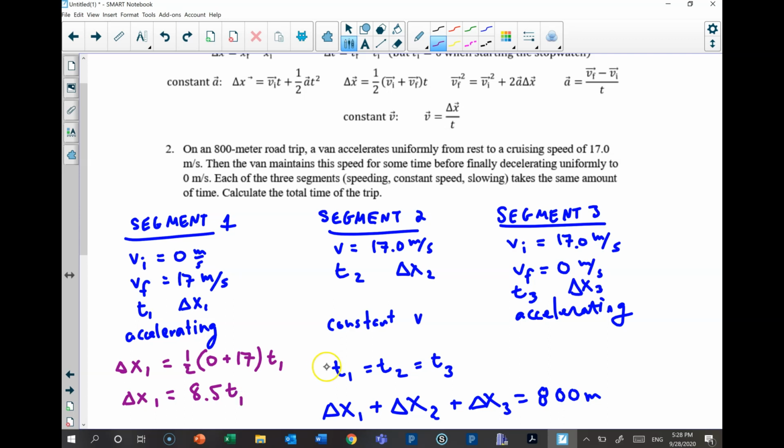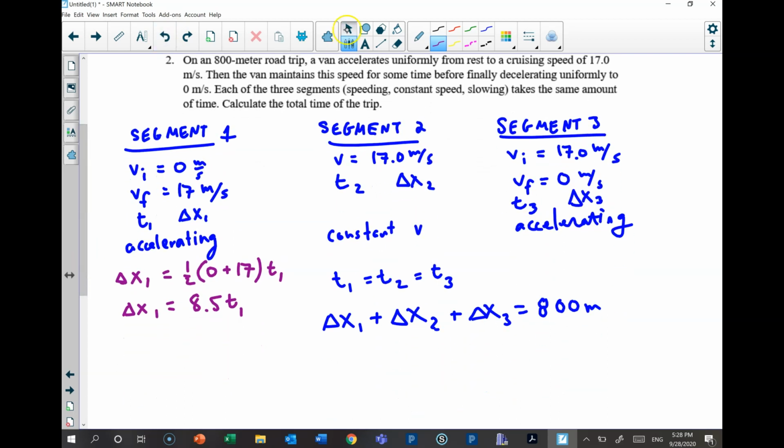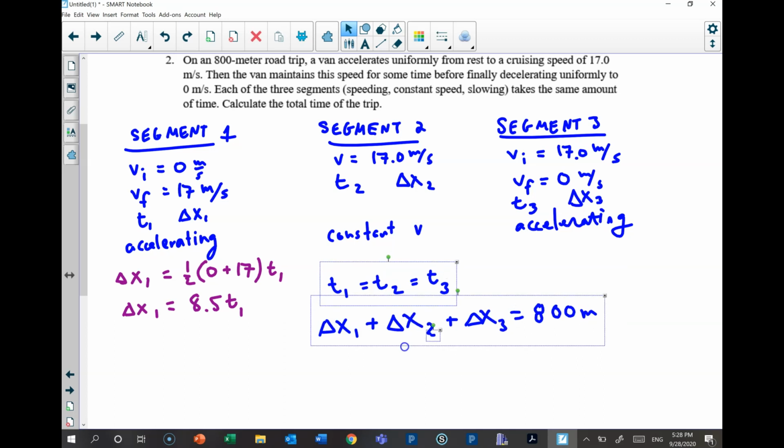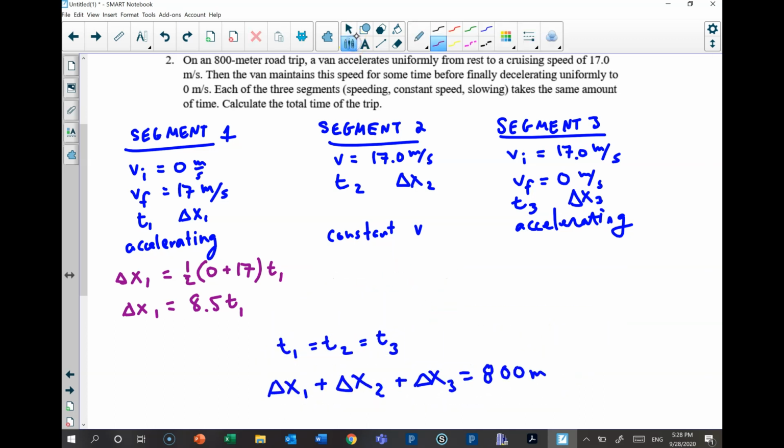In the second segment, we have constant velocity, so I can't use these equations. Instead, I use this one. So that equation tells me the constant velocity of 17 meters per second is equal to displacement, and we're talking about the second displacement that occurs, divided by T2.